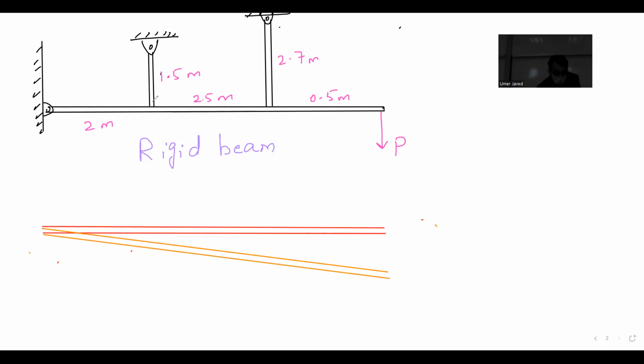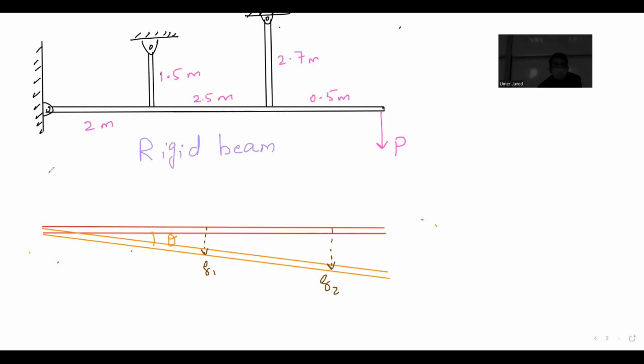So now I will have this as my one. I have this as my theta. I have this as deflection delta 1. This fellow will have a deflection delta 2.